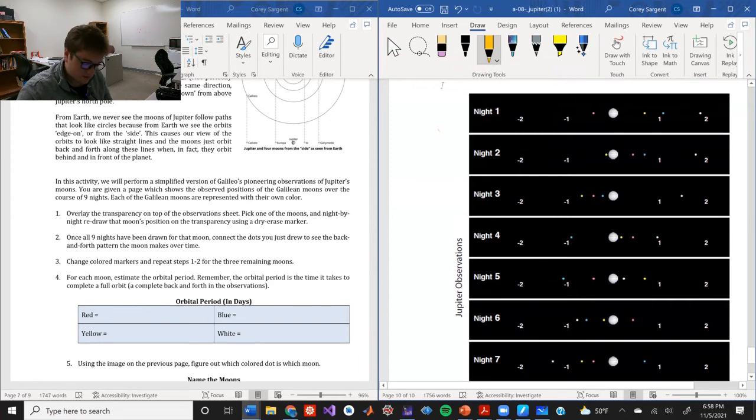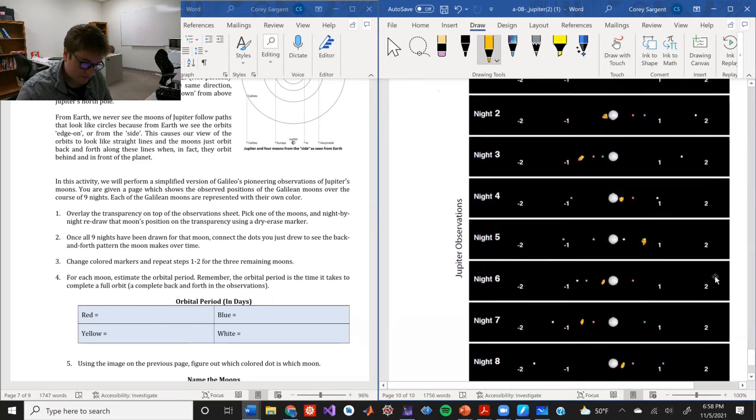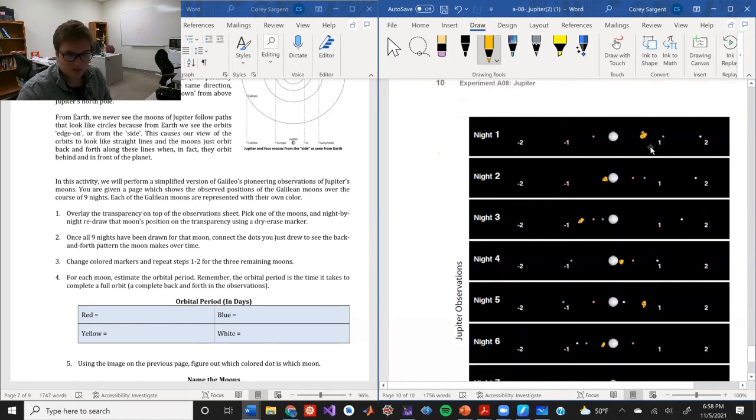So in night 1, we're here. Night 2, we're here. 3, 4, 5, 6, 7, 8, 9. I just enlarged them a little bit.